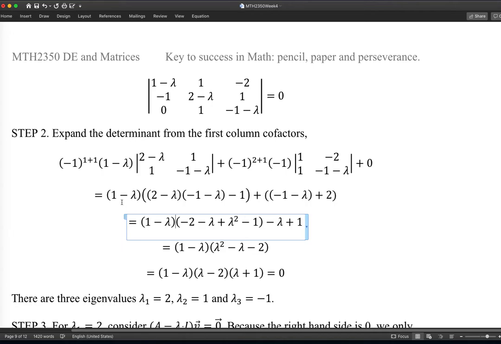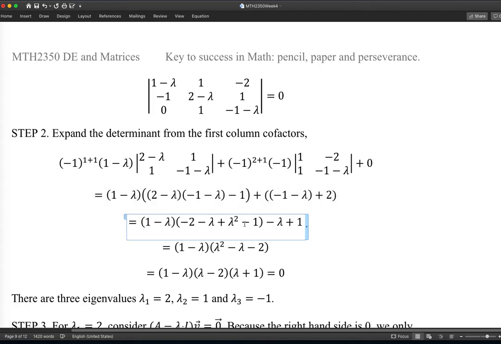So I kept this 1 minus lambda in the front and just looked at the things inside this pair of parentheses. I expand this product using the FOIL rule, and I also combine this -1 in the end. Let me check if I'm correct. With the FOIL rule, -2 lambda, and then minus lambda plus lambda, that's negative lambda, then that's lambda squared.